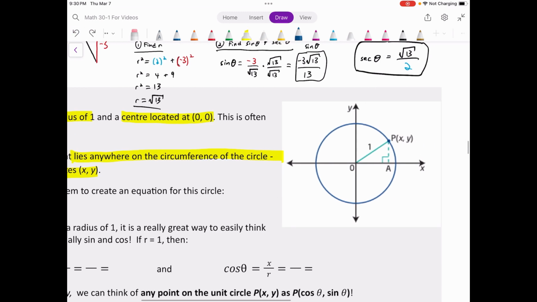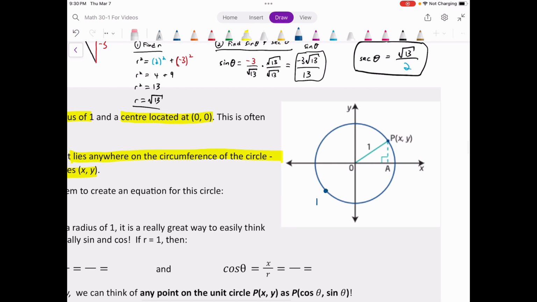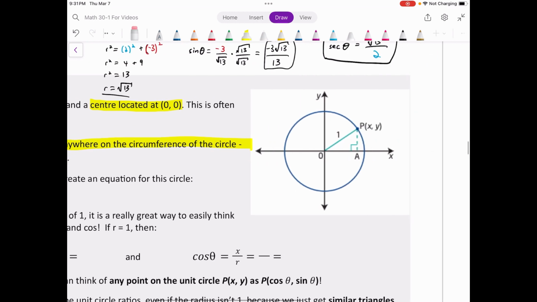It has coordinates X, Y. X is negative in that case, and Y is also negative. Any point along the unit circle. But something important to remember: when we think about a reference triangle, for any point on the unit circle, R will be 1.